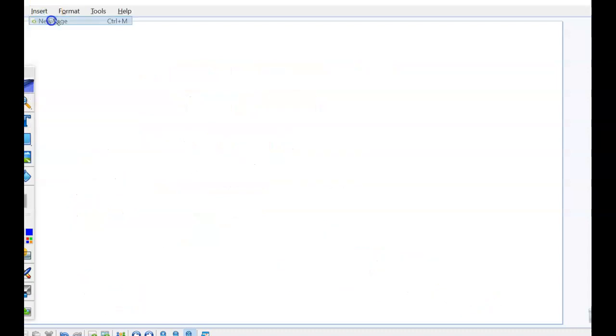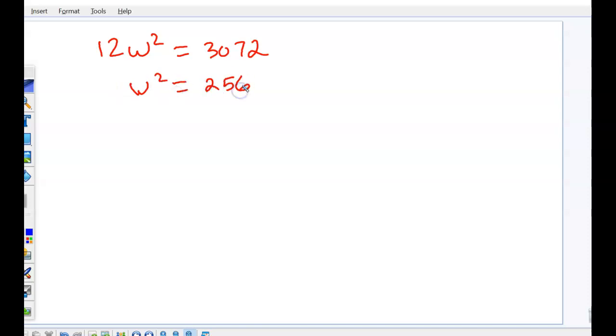If I multiply both sides by W squared, I'll get 12W squared is 3072. If I divide both sides by 12, I get W squared is 256. And if I was to square root that, I would get W is equal to plus or minus 16. And again, because it's a width, we can only deal with the positive case.